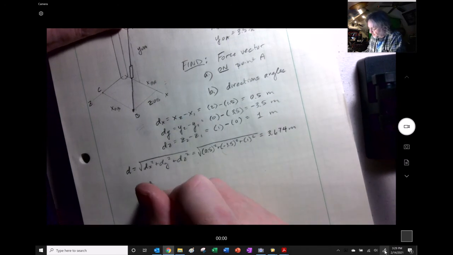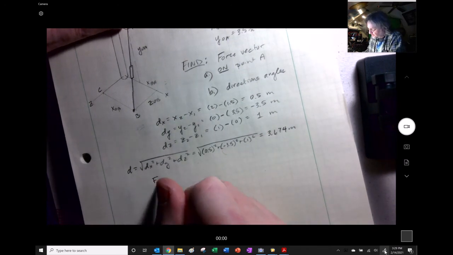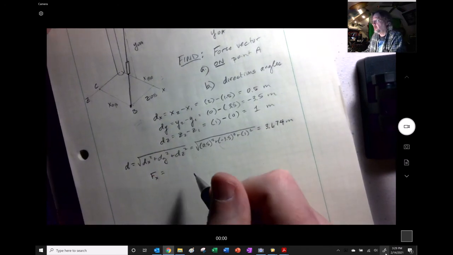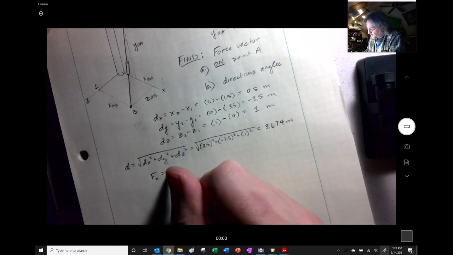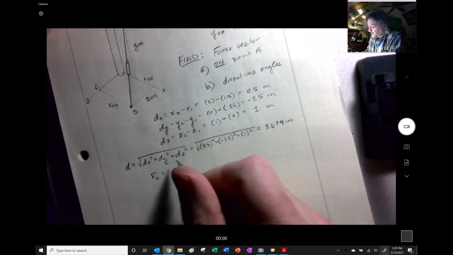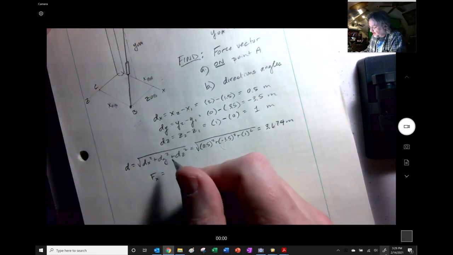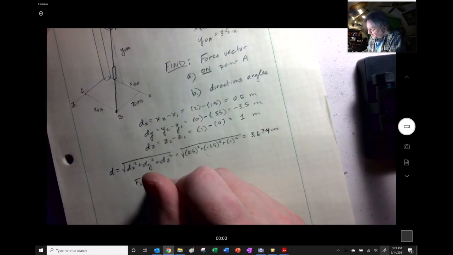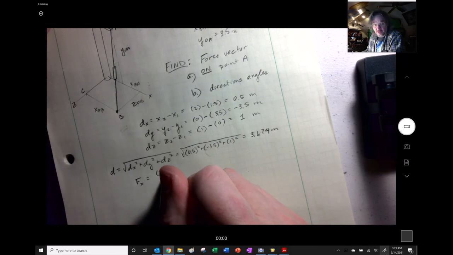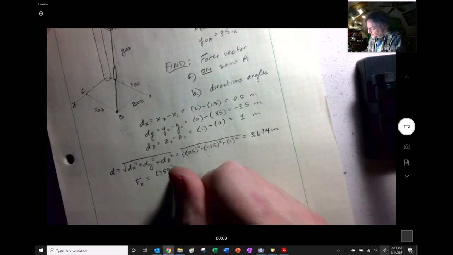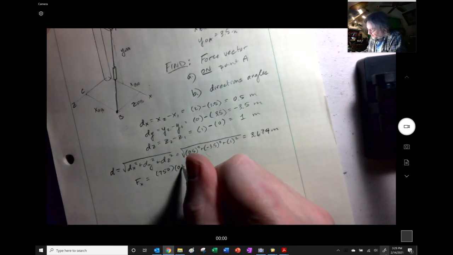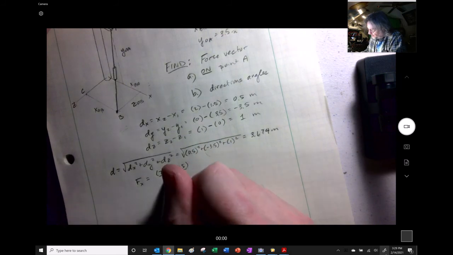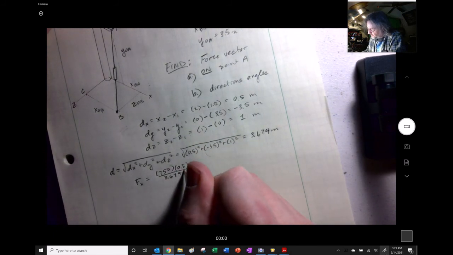Okay. And let's see. The force in the x direction is now going to be the total force that we had up there, that T_AB, which is 750, times my 0.5 divided by my 3.674.